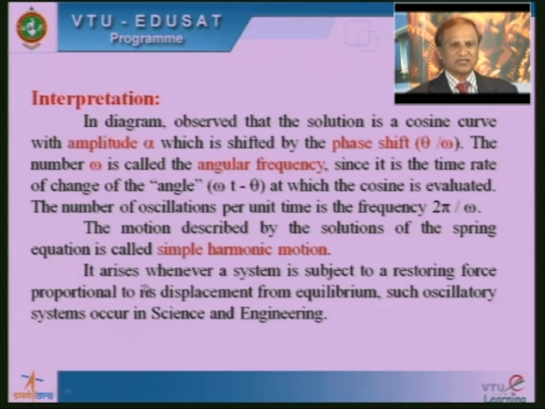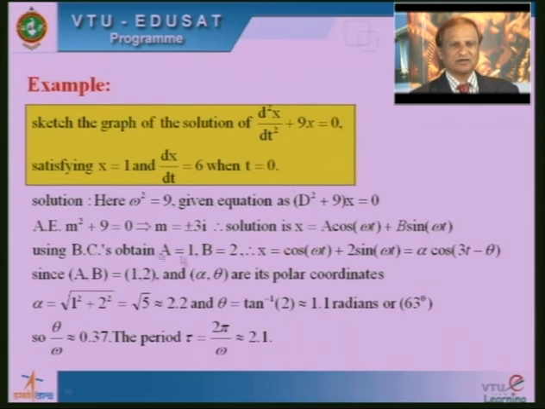As we know, it arises whenever a system is subjected to a restoring force proportional to its displacement from equilibrium. Such oscillatory systems occur in science and engineering. I have already given information regarding how such types of problems arise in the engineering and science fields.